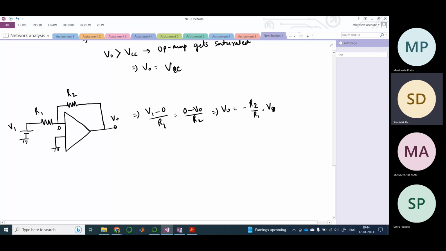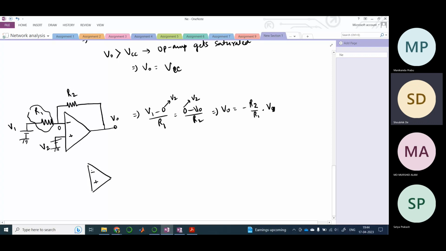Now see here, this was grounded, but if there was a potential here, let's say V2, then instead of 0 we would have written V2 right here. Now in the current problem, we don't have any resistance in this path, right? We are simply, so this is the problem. Try to correlate these two problems.